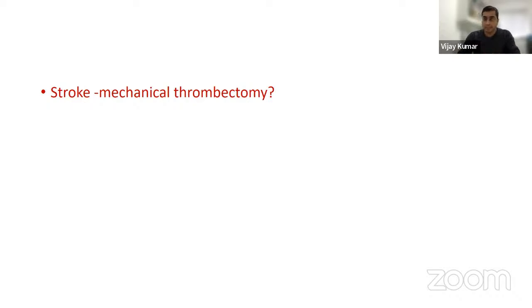So it's better to intubate the patient and shift the patient, so the neuroradiologists get the best imaging. Motion artifacts are almost nil, and they get the best chance to take out the clot and a better chance of reperfusion.